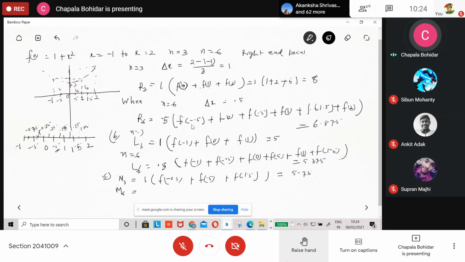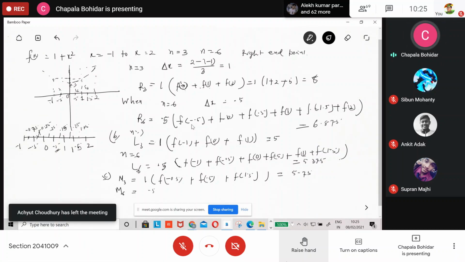So what do you write down? What is the del x value for n is equal to 6? It is 0.5.